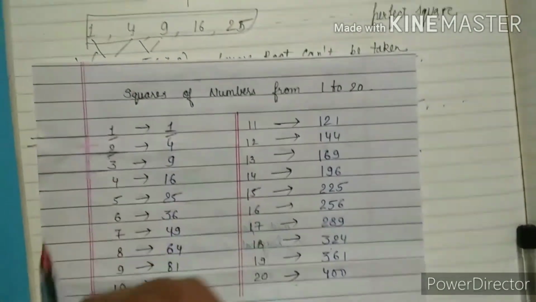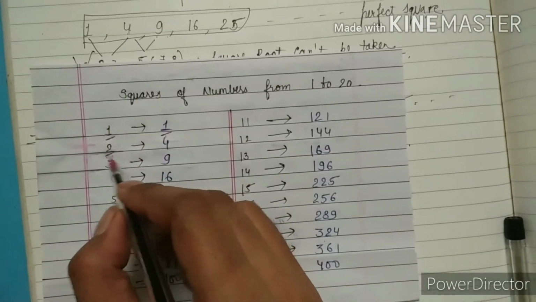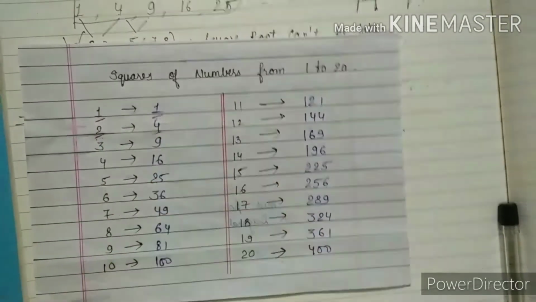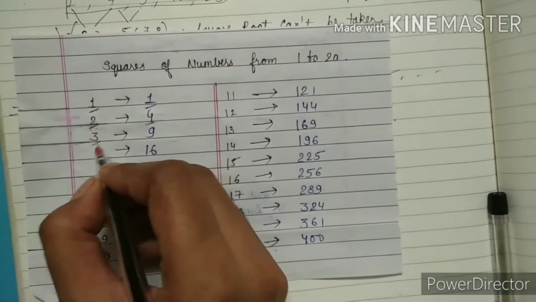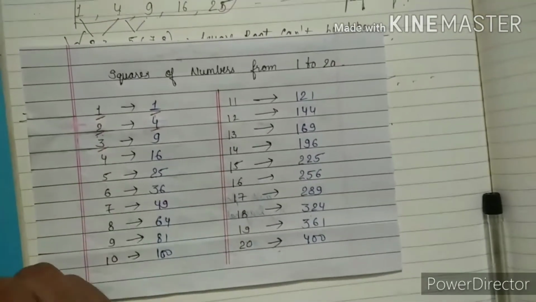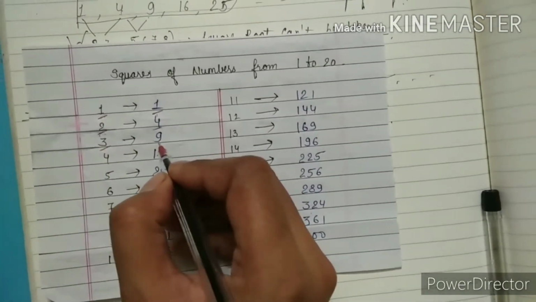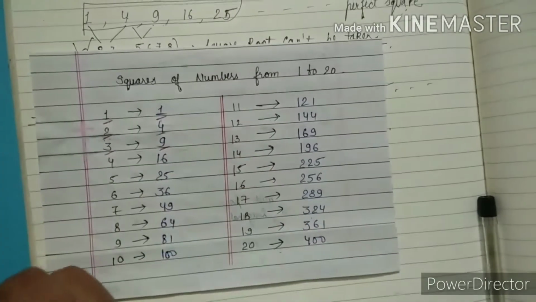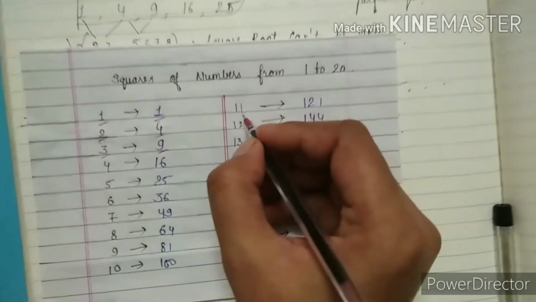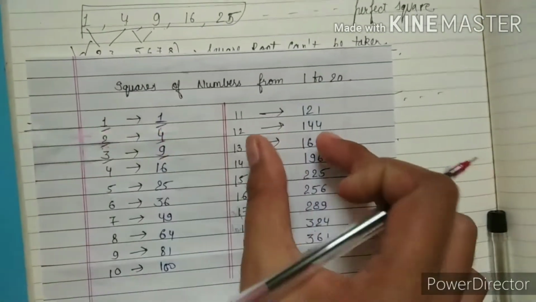Here the unit place is 2, and its square's unit place is 4. Here the unit place of the number is 3, and the square's unit place is 9. So here we are comparing this portion to this portion.